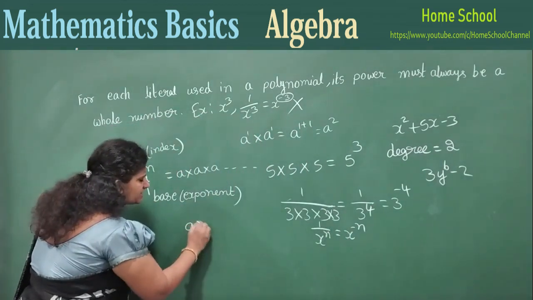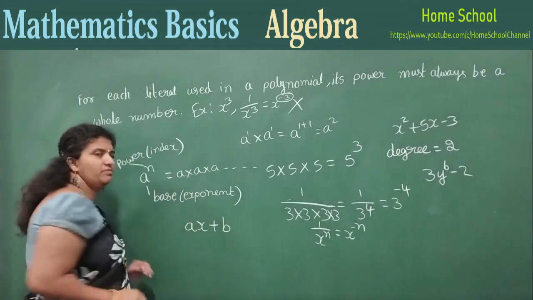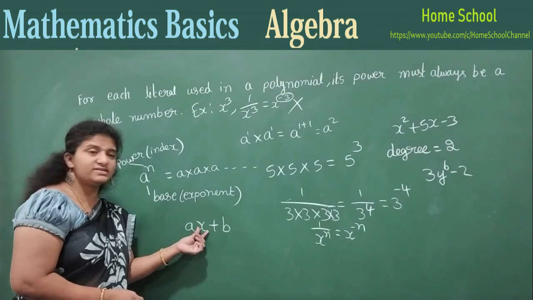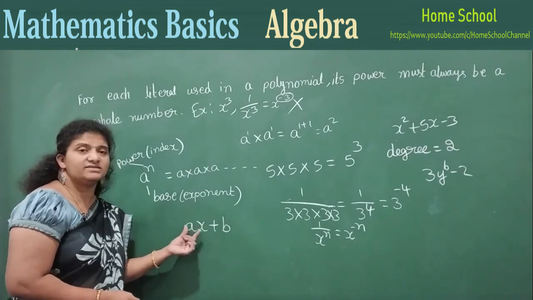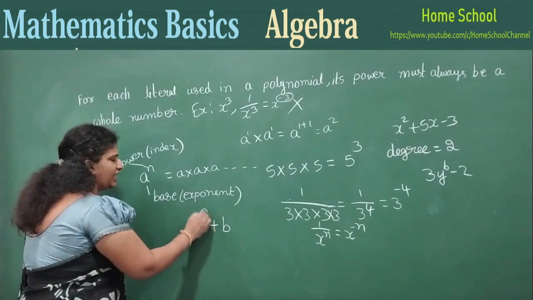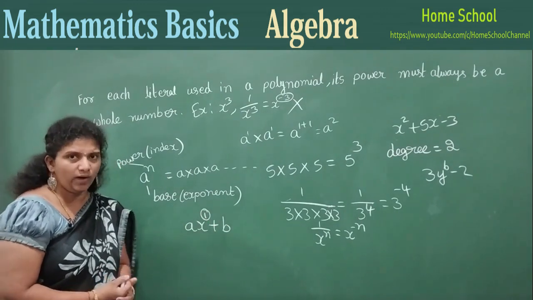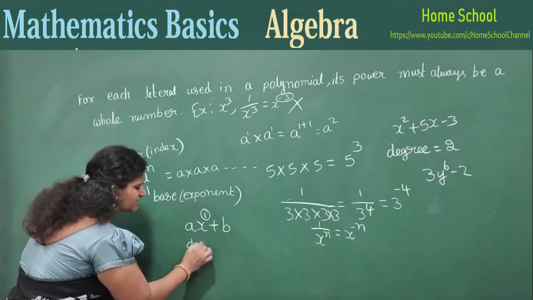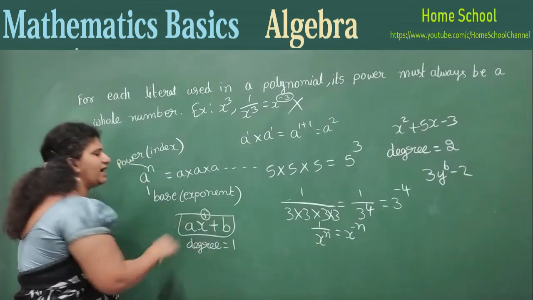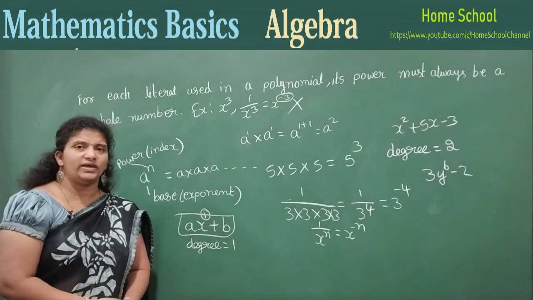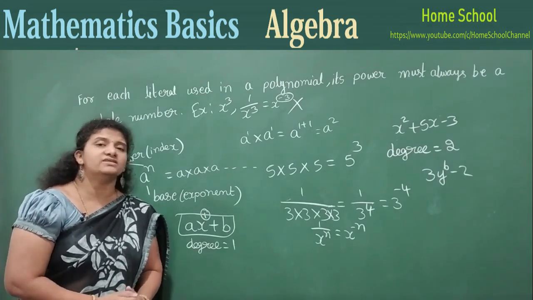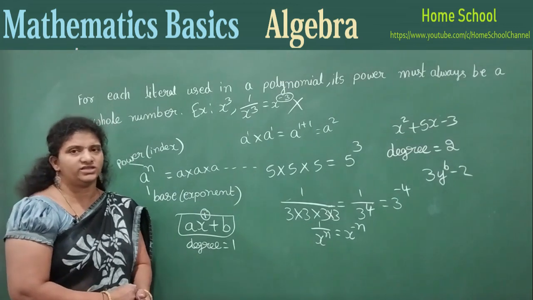Similarly, if I ask you ax plus b, where b is a constant, x is a variable and a is a numerical coefficient, what is the highest degree? Nothing written means it is 1. Therefore, the degree is equal to 1. And this is also called a linear equation. Any equation whose highest degree is 1 is called a linear equation.